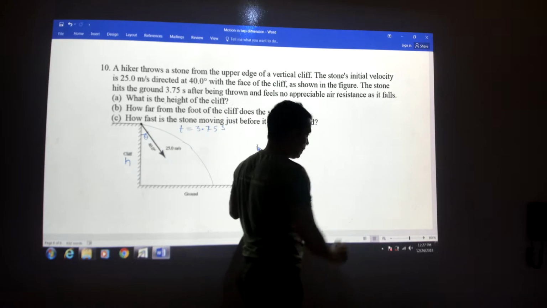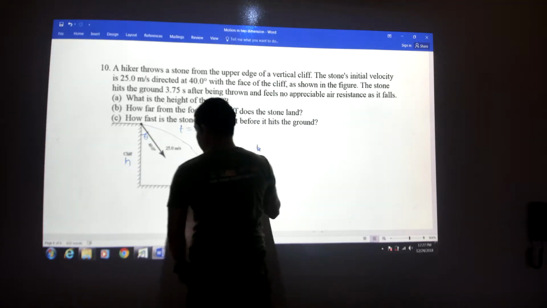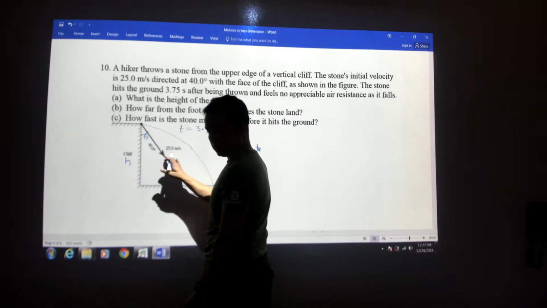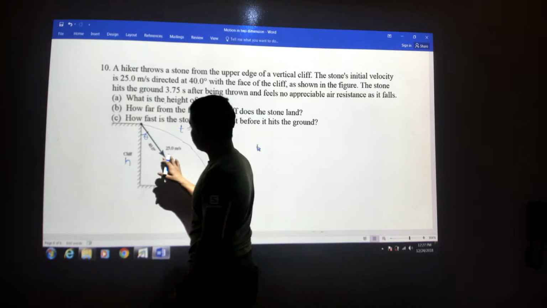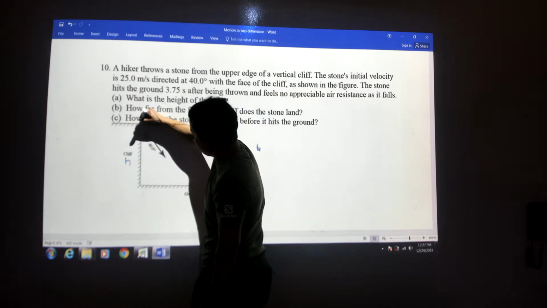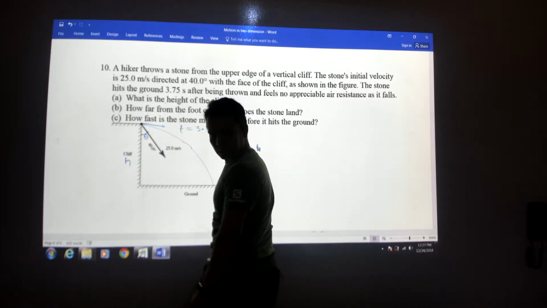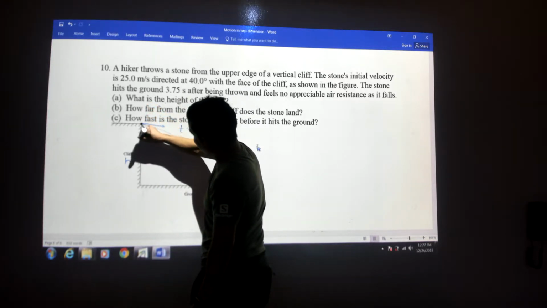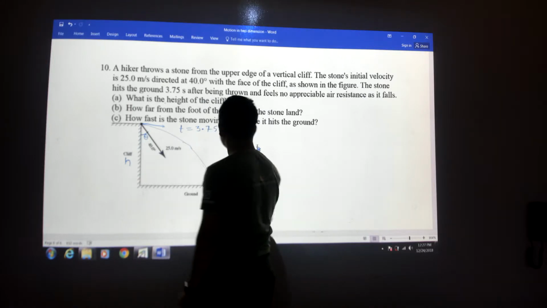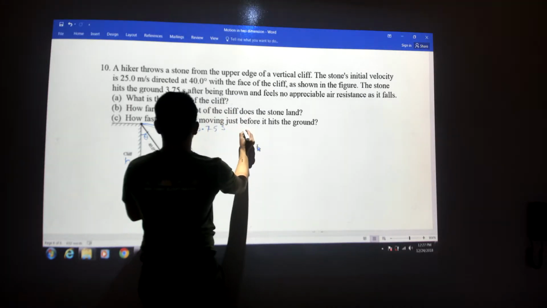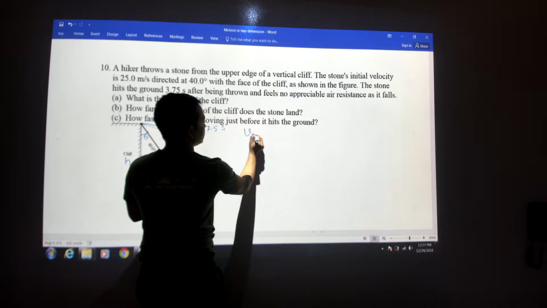So the way this problem can be divided is you have this velocity. You can divide this velocity into two components, one along the x component, and the other along the y component. So what is the x component? v0x.